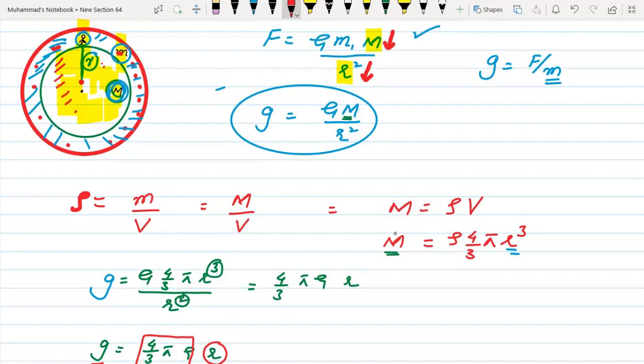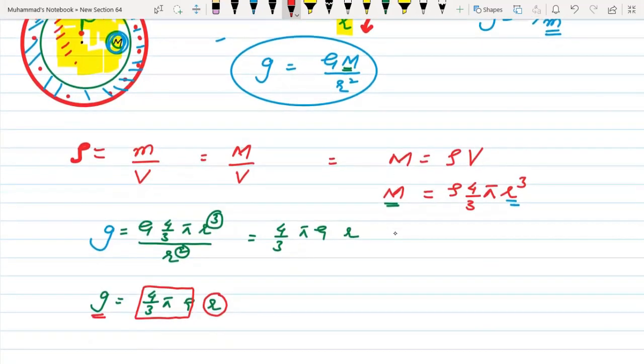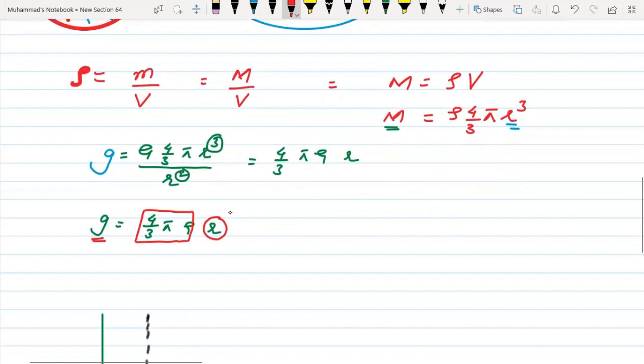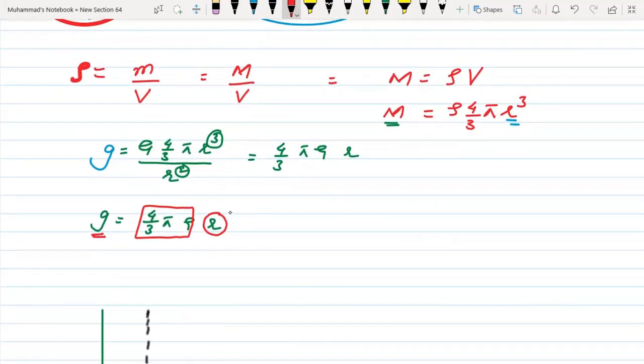So what is g at the center of Earth? At the center of Earth, r will be 0. So g will be 0. So gravitational field strength at the center of Earth will be 0. You will experience no net force at the center of Earth.